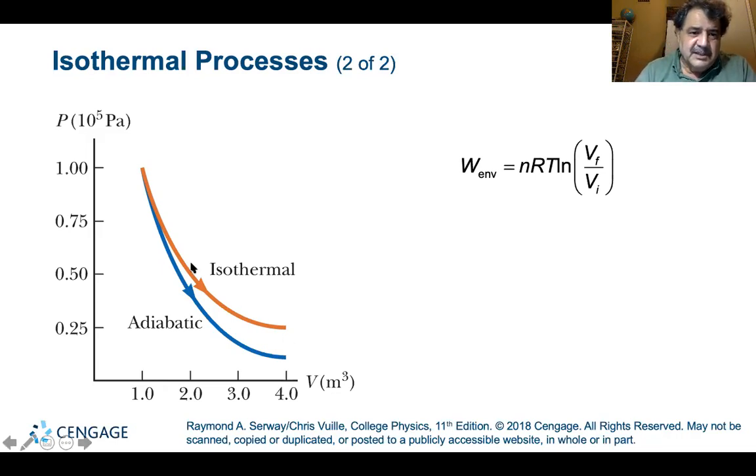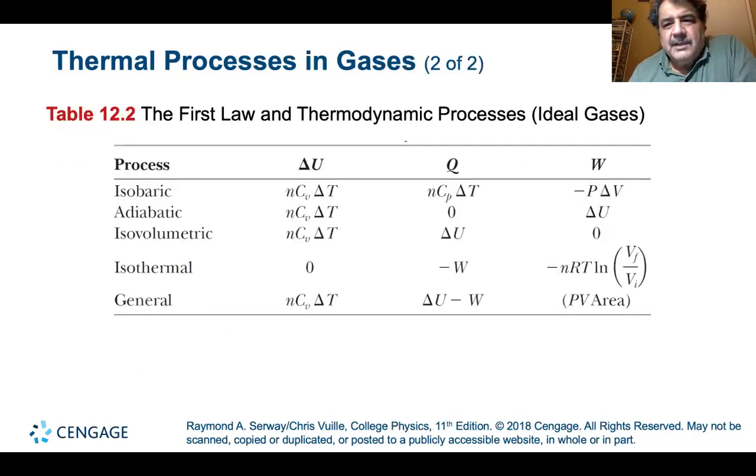You can see, this is an isothermal process. This is an adiabatic process. Adiabatic process is no Q in the system. Okay, the first law of thermodynamics in thermodynamic processes in ideal gases, they give you this.